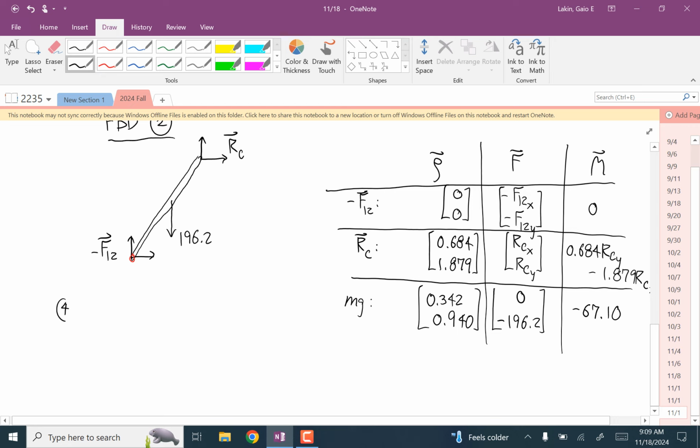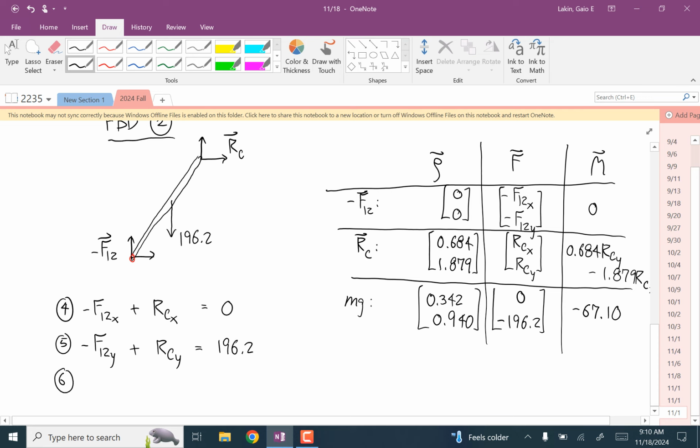And so our equation 4 is negative F12x plus RCX equals 0. Then negative F12y plus RCY is equal to 196.2.